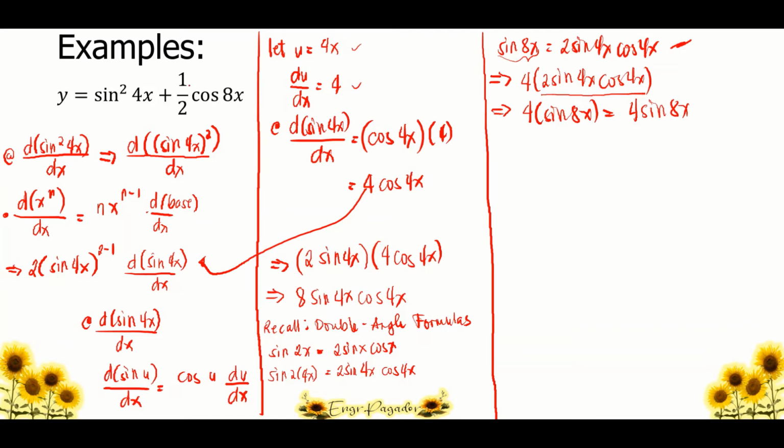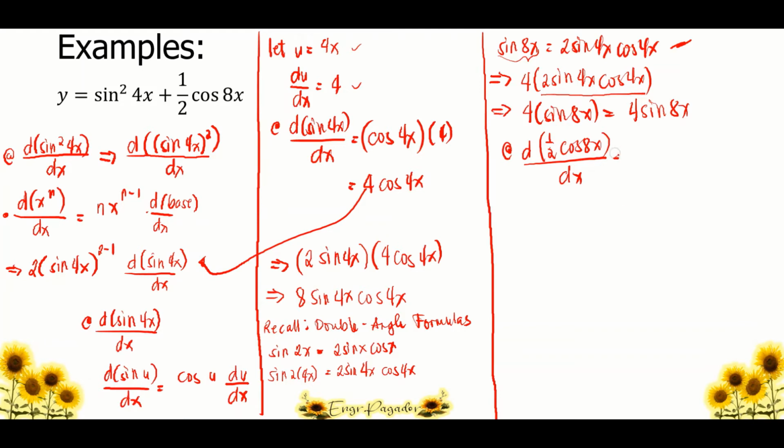Now, let us go to the differentiation of the second function, the derivative of 1/2 cosine 8x with respect to x. Since this is a combination of a constant multiplied to a function, what we will do is isolate the constant and then get the derivative of the function.